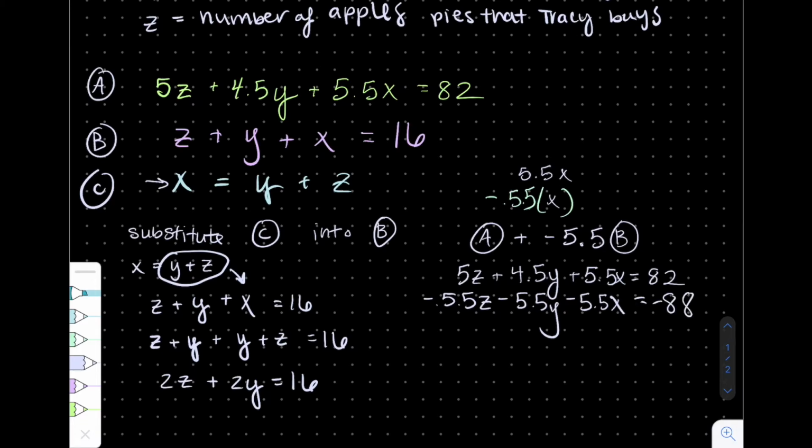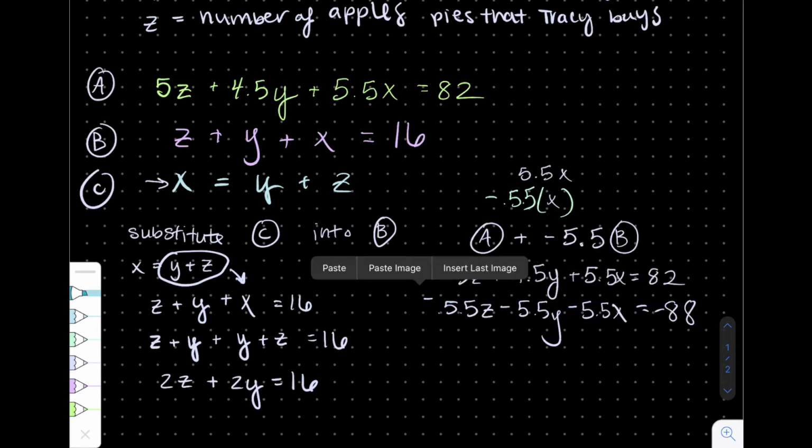So negative 88. And now, because I have these set up in the same order, I can simply add them, like we did in Learning Target 3. Add straight down.